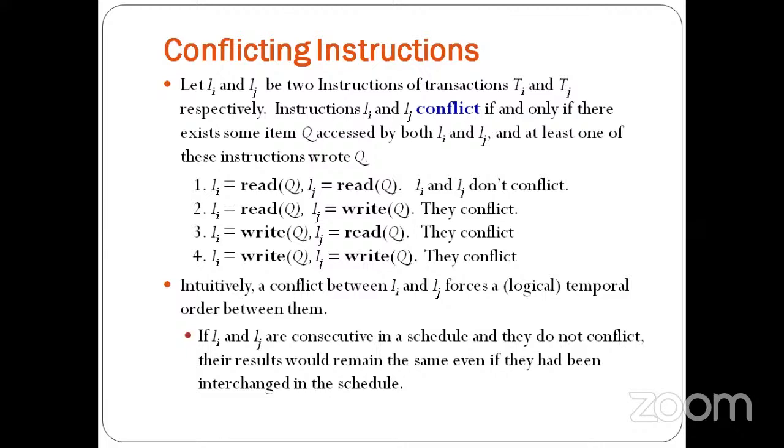Instructions Li and Lj conflict if and only if there exists some item Q accessed by both Li and Lj, and at least one of these instructions wrote Q. If two transactions are performing operations on different data items, those are called non-conflict operations.